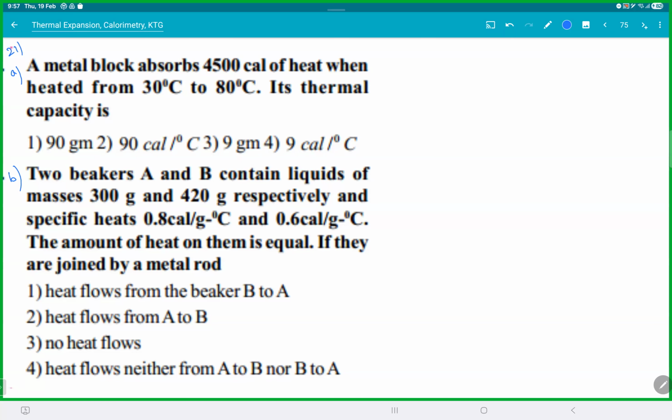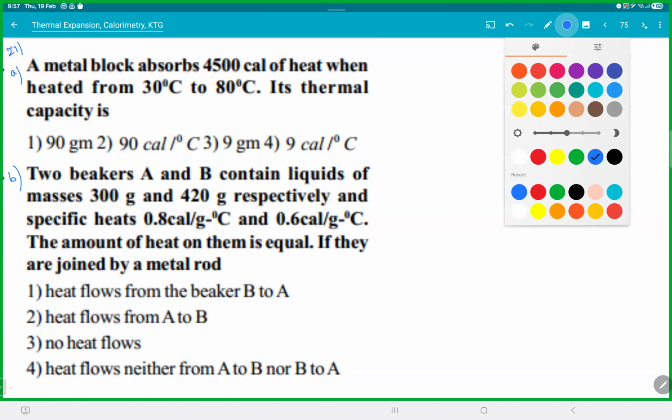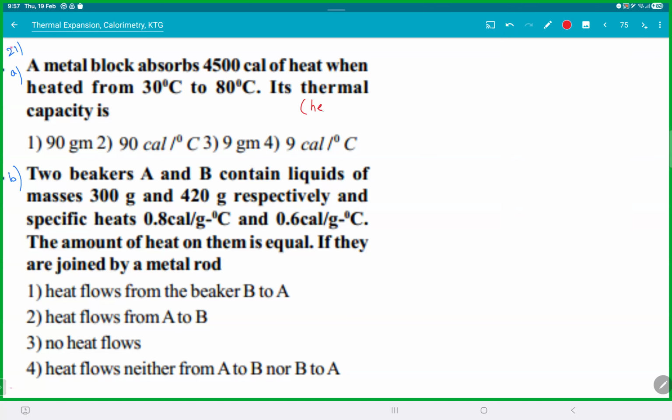A metal block absorbs 4,500 calories of heat. Its thermal capacity. So basically, this is your heat capacity, everyone.